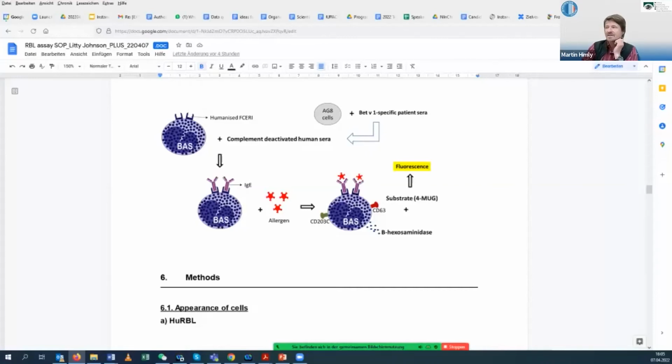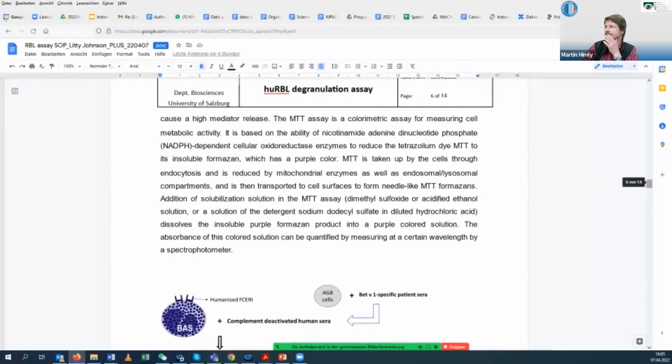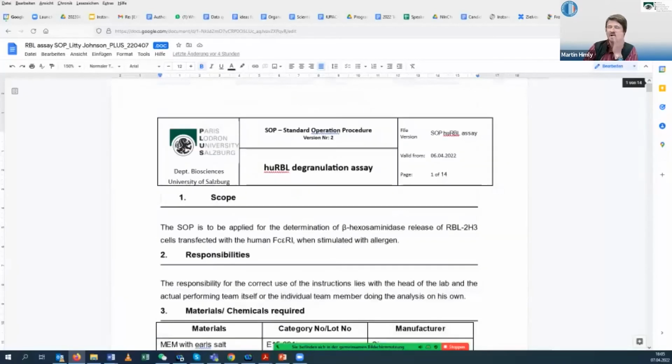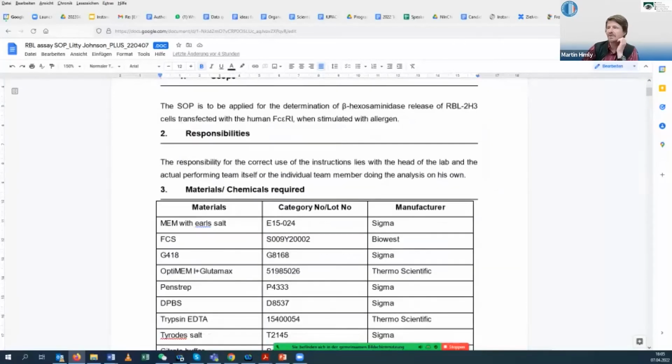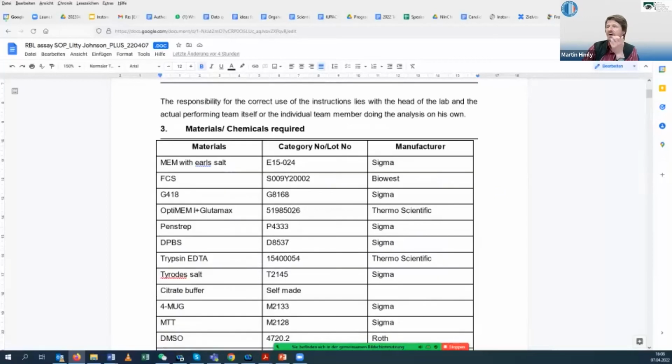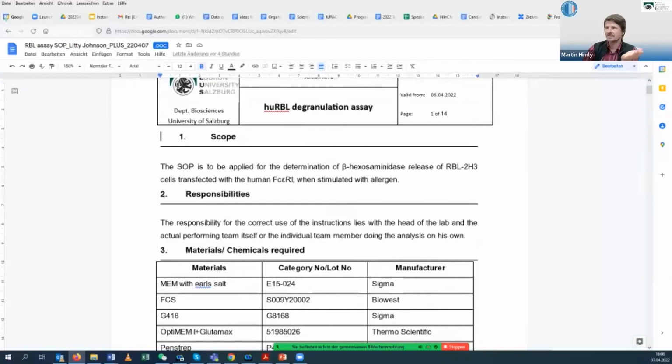So a number of things need to be included in this SOP, and it could become a very long one. What an SOP should generally have, and probably you're familiar with the general establishment of SOPs, is that it has to contain everything that is relevant and has an impact on the readout system.